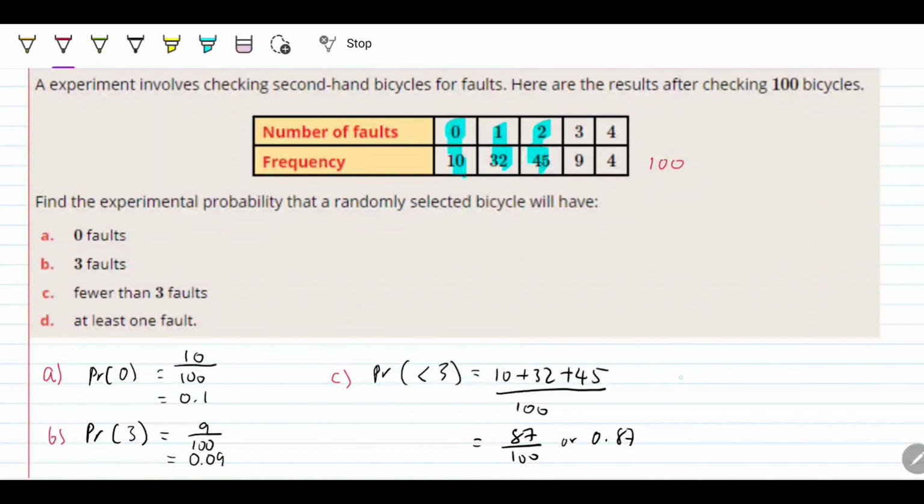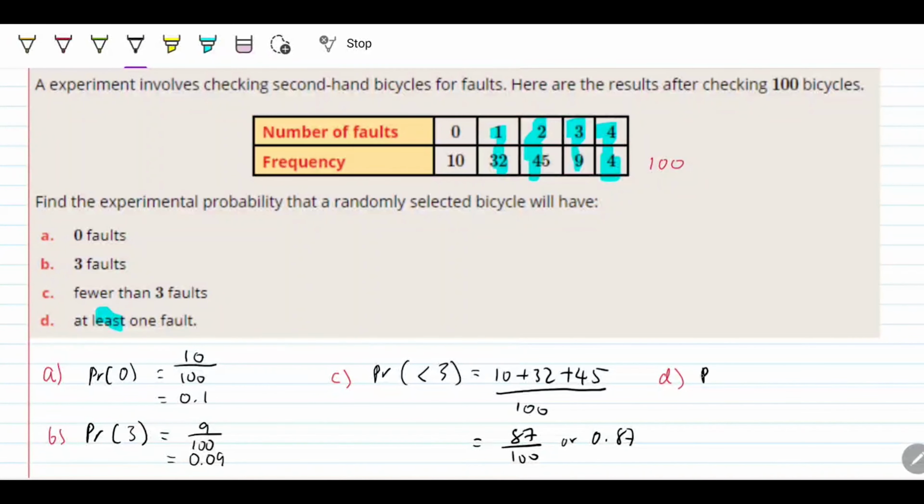And finally, for D, if we're looking for at least 1 fault, that means that we are looking for 1 inclusive, because it says at least. So it's 1, 2, 3, and 4.